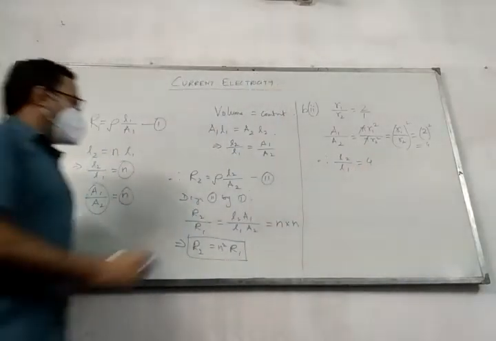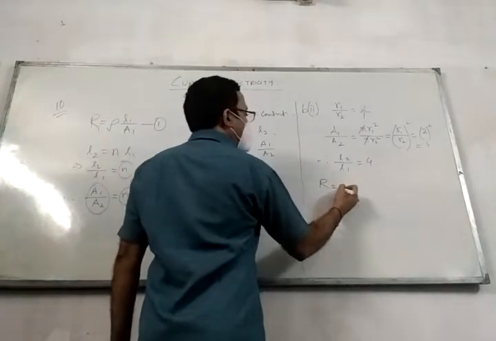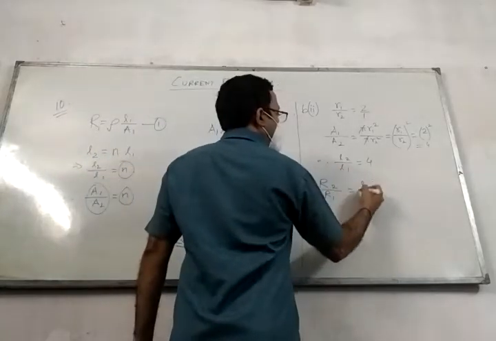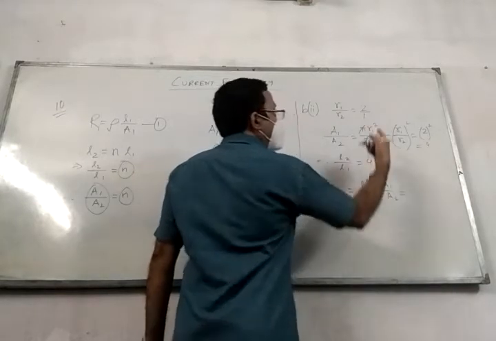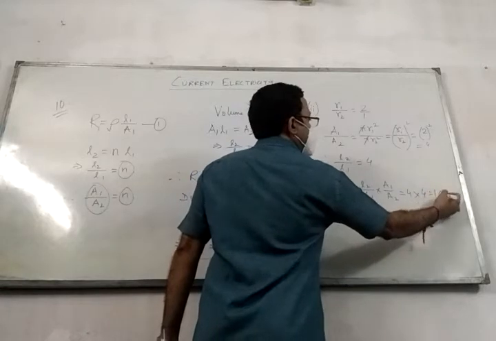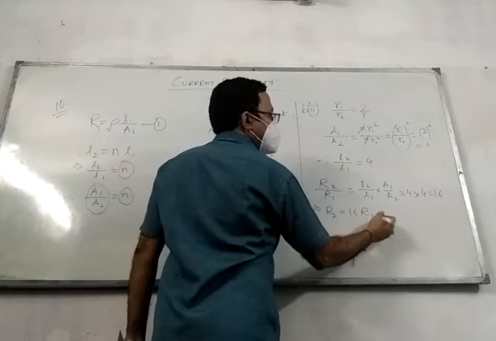তাহলে কি হবে? R2 by R1 will be equal to L2 by L1 into A1 by A2. L2 by L1 হচ্ছে 4, A1 by A2 হচ্ছে 4, 16. So R2 equal to 16 R1.